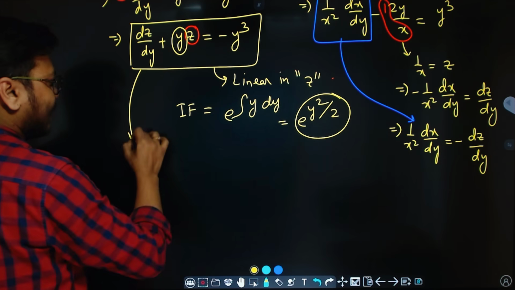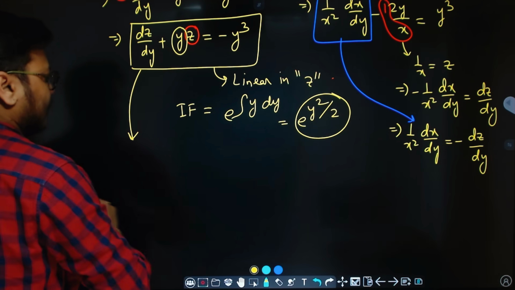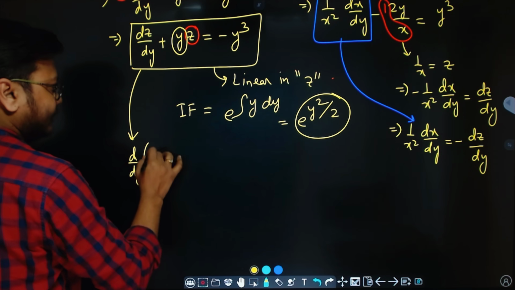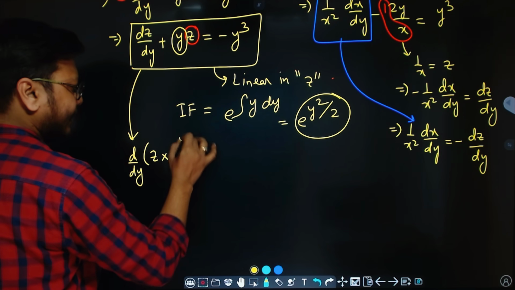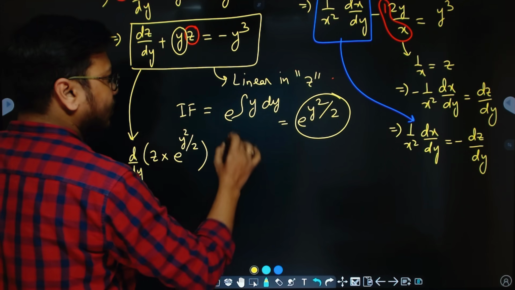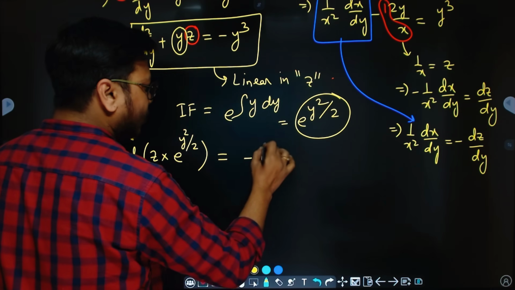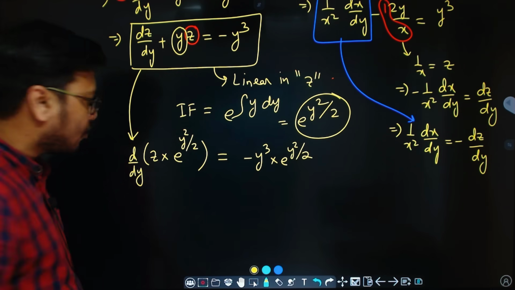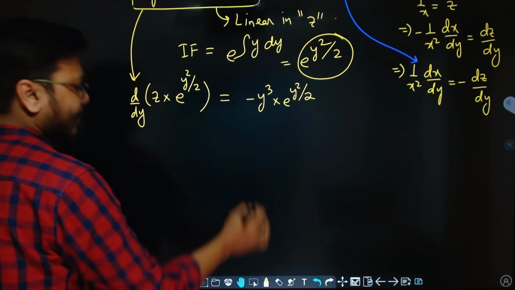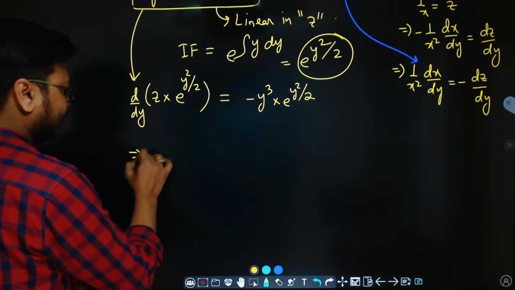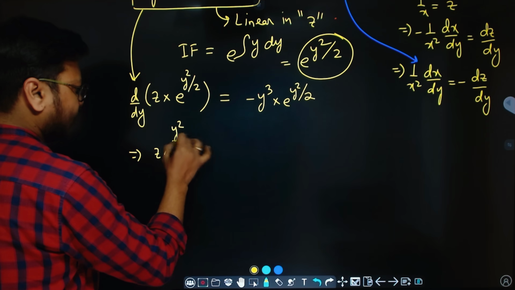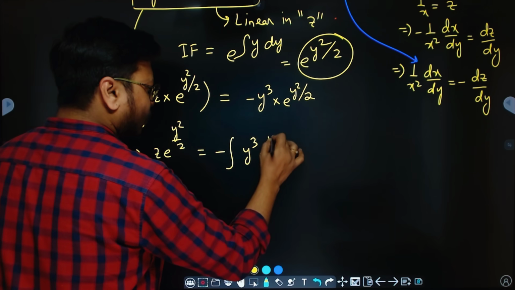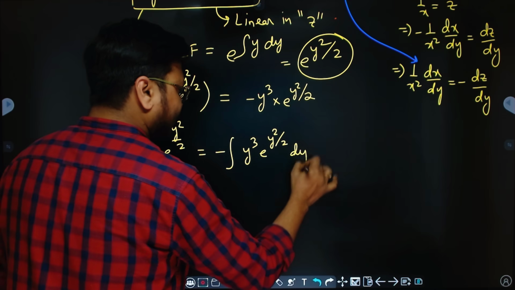So if I multiply by the integrating factor directly, the solution format was d dy of z into integrating factor equals q into integrating factor, right? This was the solution format. So now if I integrate both sides, z e to the power y square upon 2 equals integration y cube e to the power y square upon 2 dy, right?